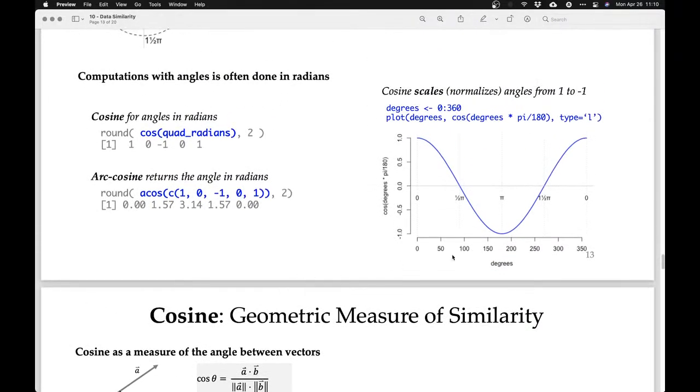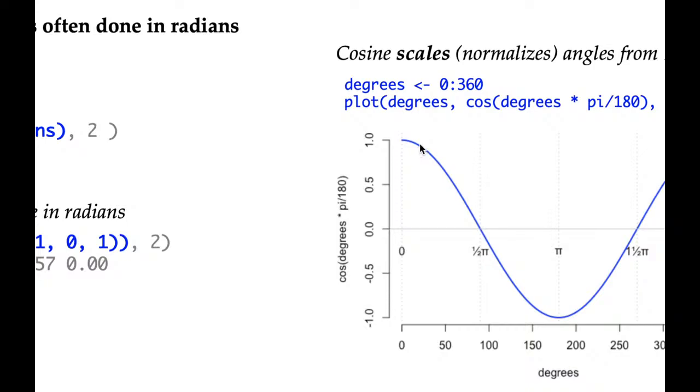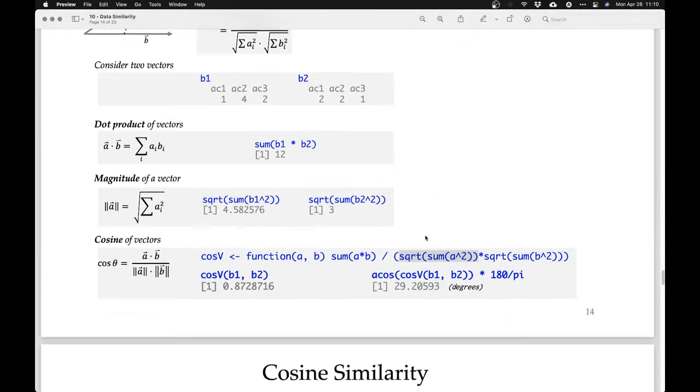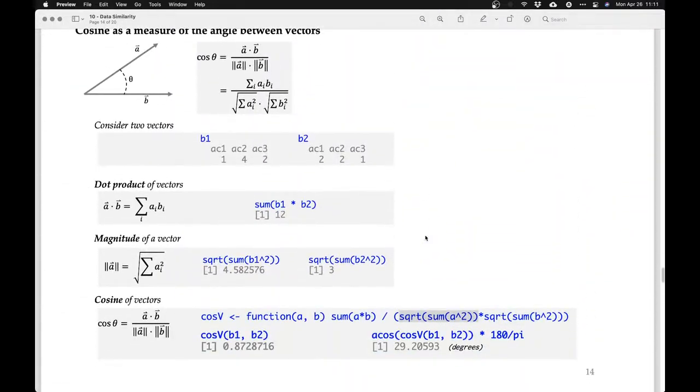If I go back, cosine of 0.8 something is around up here somewhere. That's if cosine is the y-axis, cosine of 0.82 is up here somewhere. So the angle between B1 and B2 is somewhere between, I don't know, 20, 30, 40 degrees, something like that. Looking down here at the degrees. Okay, we're going to get to that in a moment.